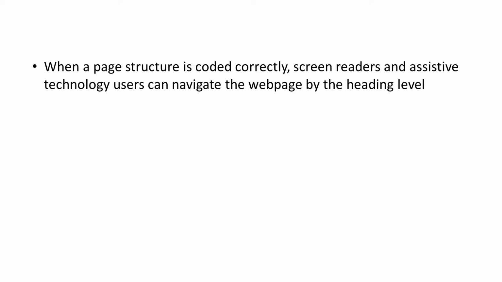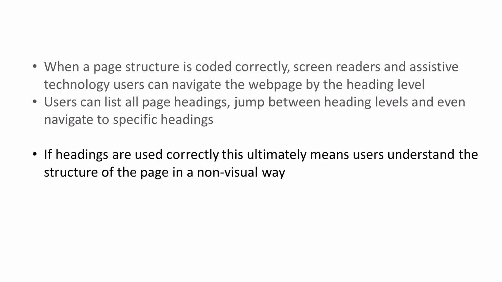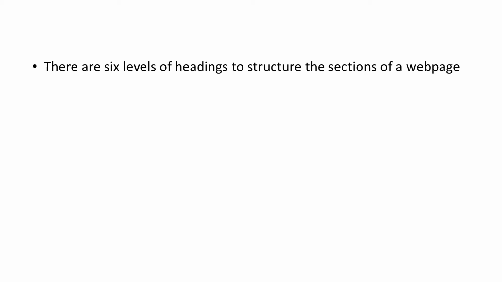Within the assistive technology, users can list all of the page headings, jump between heading levels, and even navigate to specific headings. If headings are used correctly, the navigation of the hierarchy ultimately means users understand the structure of the page in a non-visual way.